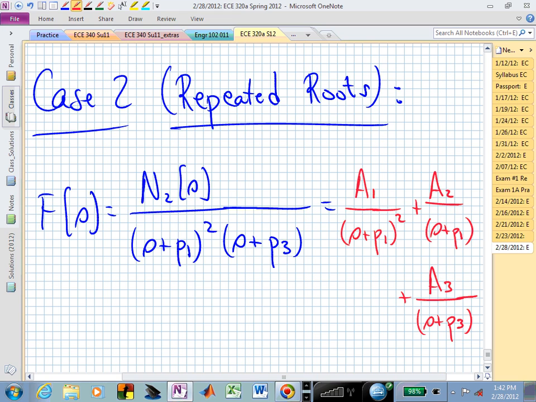It will have an a1 that's associated with s plus p1 squared, and then you just start reducing the order on that factor until you get down to the power of that factor being 1. Meaning, if s plus p sub 1 was cubed, you would have an a1 over s plus p1 cubed, plus an a sub 2 over s plus p1 squared, plus an a sub 3 over s plus p1.